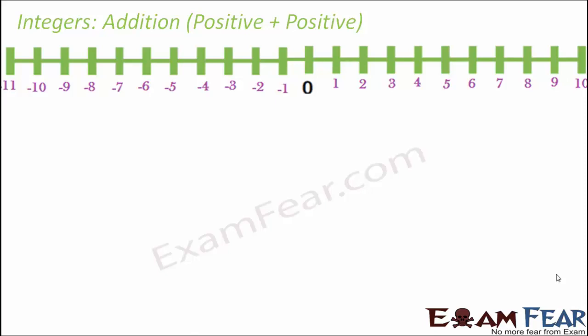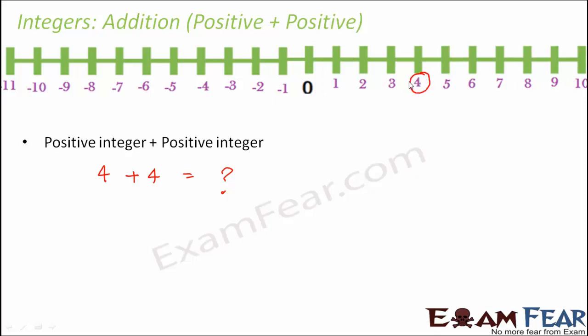So let us take some simple examples to understand addition of a positive integer with a positive integer. So let us say one positive integer is 4 and another positive integer is also 4. So what would be 4 plus 4? So where is 4? This is where 4 is located. Now we say that we add 4 to this integer 4.